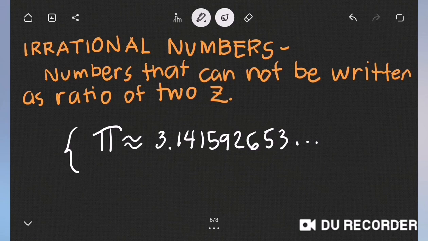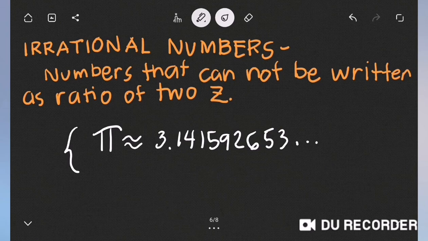So this is an irrational number. Kasi if you will notice, the decimal part or the decimal number is neither repeating nor terminating. So there is no exact way para siya ay i-convert natin into fraction.